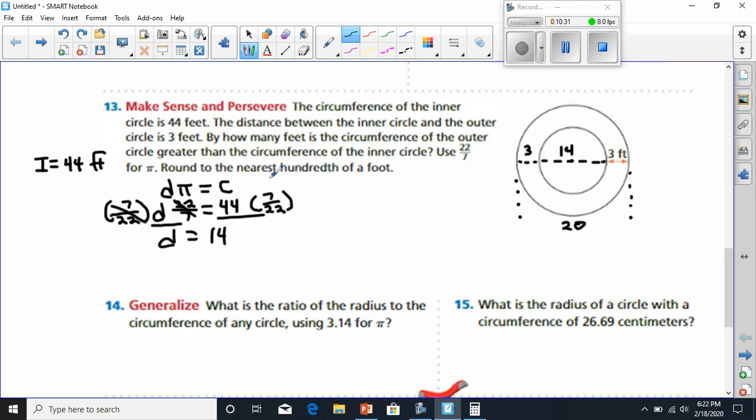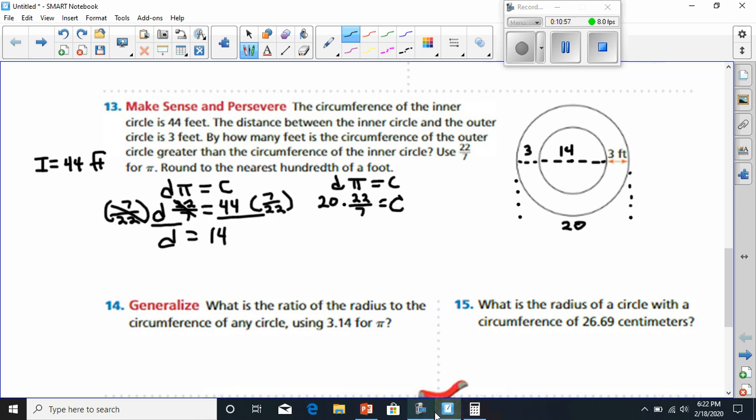Now that I know that, I can use my formula again. Remember, the diameter times pi equals my circumference. But at this time, my diameter is 20, and pi is 22 over 7. And I'm multiplying those together, and that's going to equal my circumference.